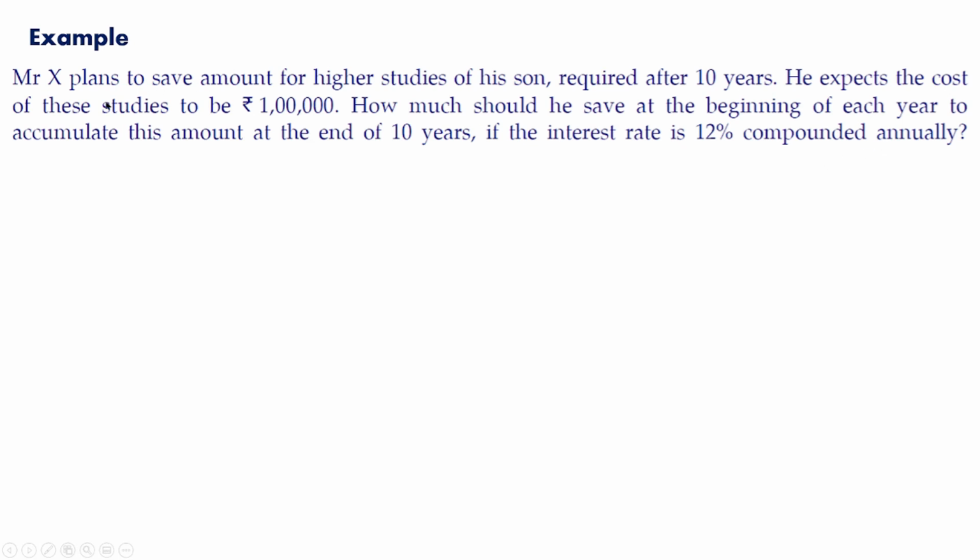So here there is one Mr. X. He wants to save amount for his son's higher studies, which is required after 10 years, and he expects that the cost of these studies will be rupees 1 lakh. So we need to know how much he should save at the beginning of each year if the interest rate is 12% compounded annually.